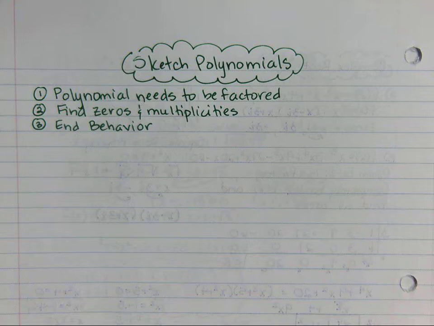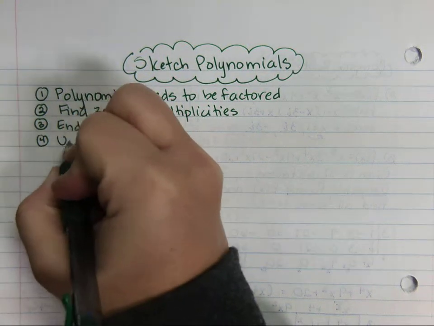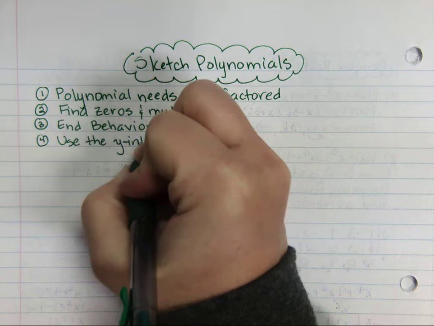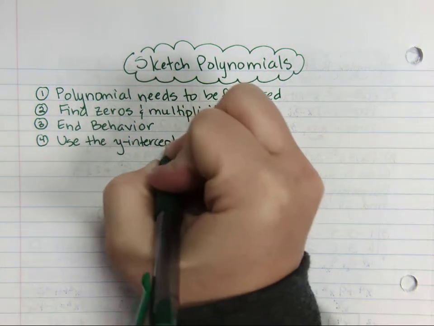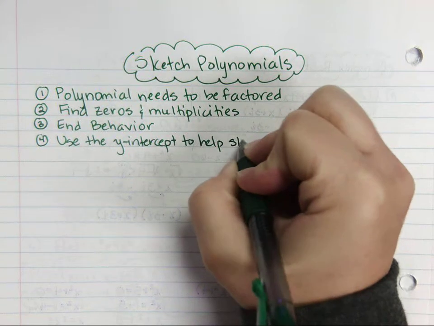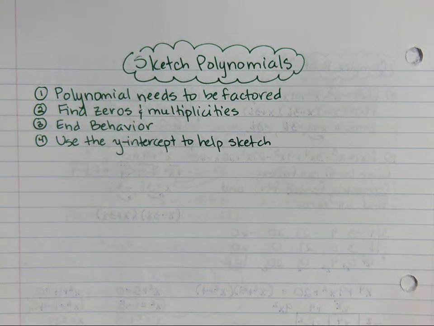Something else that is a good piece to have is our y-intercept. So we can also use the y-intercept to help us graph. And the y-intercept is the place where the graph crosses the y-axis.